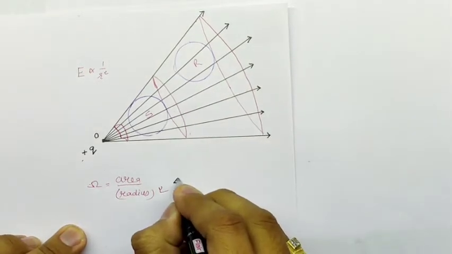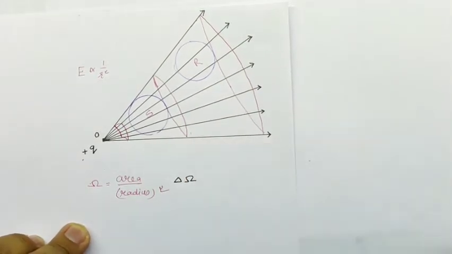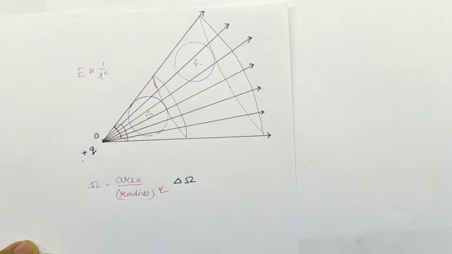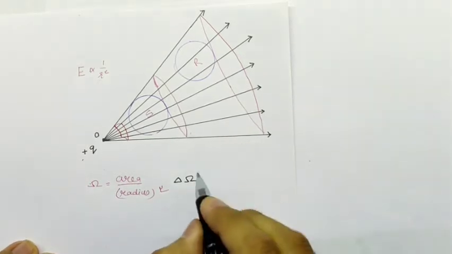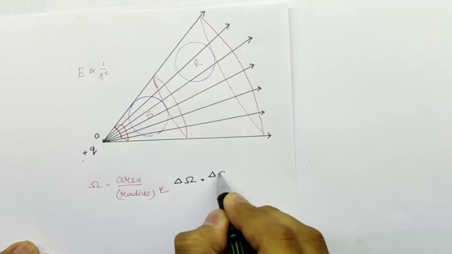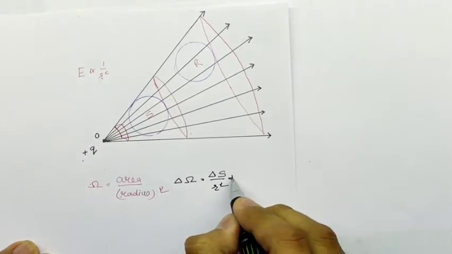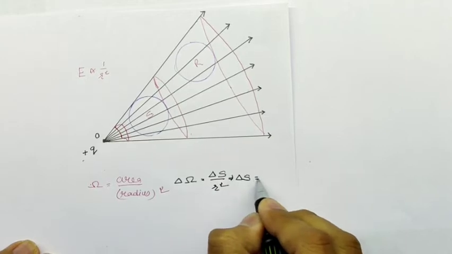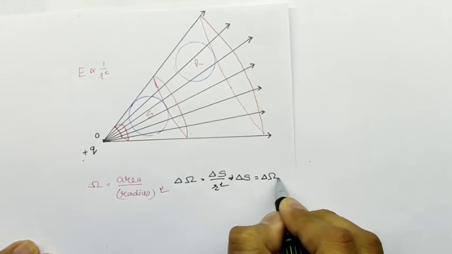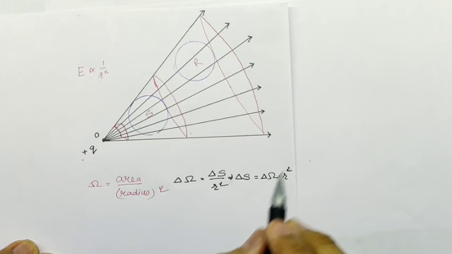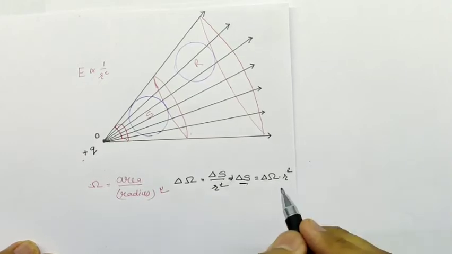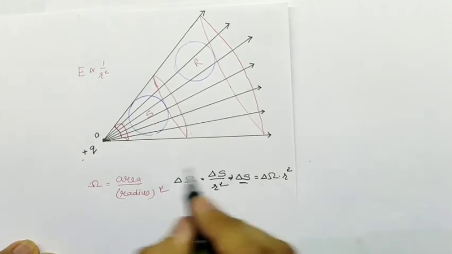Here the solid angle is delta sigma, equal to the area delta S divided by r square. Therefore, area delta S is equal to delta sigma into r square.